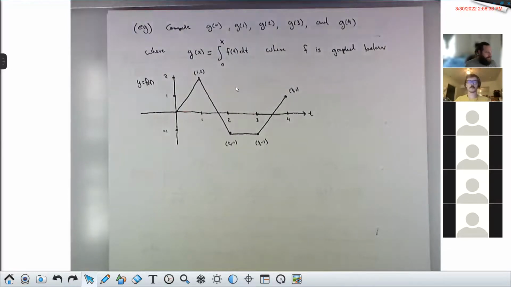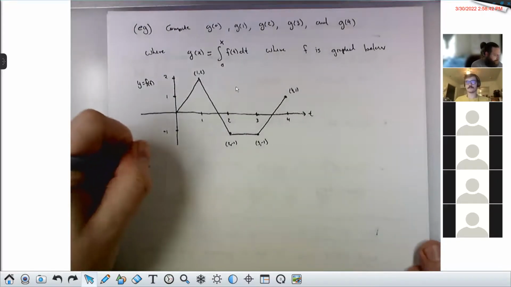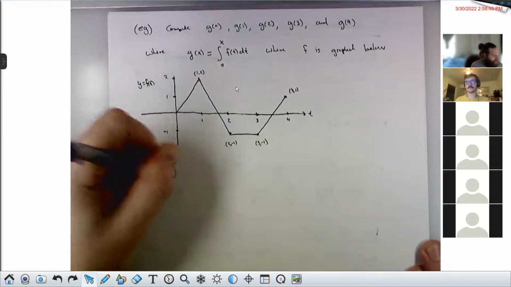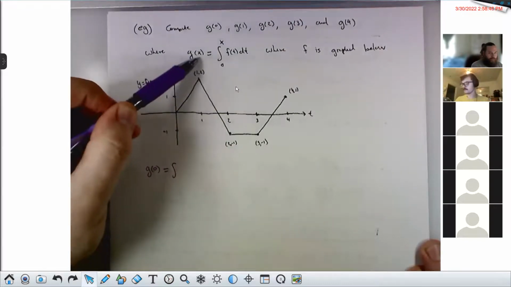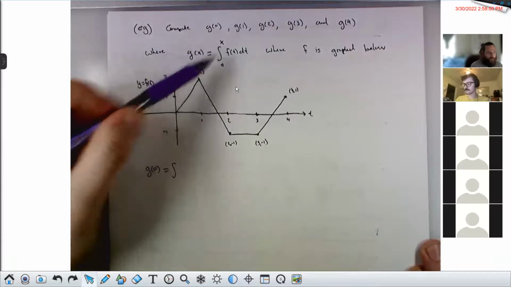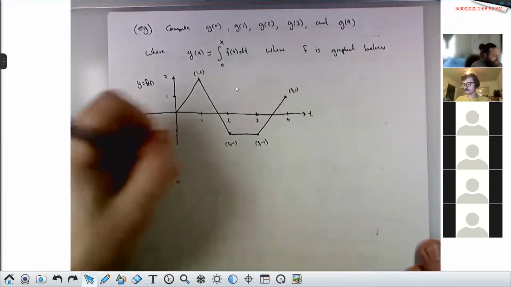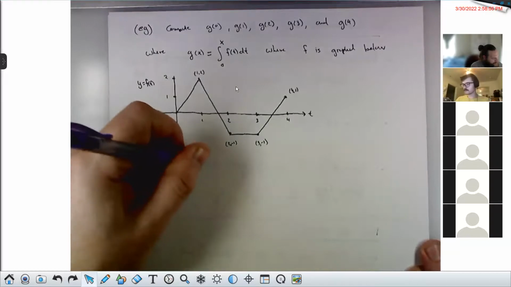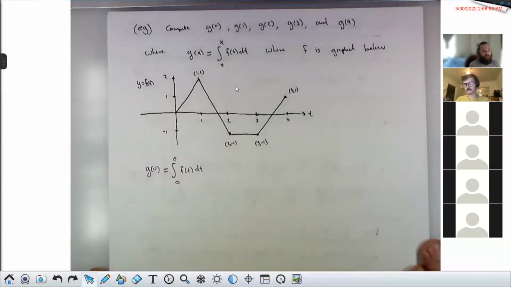I want to begin by computing g of 0. And that means, remember, this is the function g of x, so I'm plugging in 0 for x. So that's the integral from 0 to 0 of f of t dt.